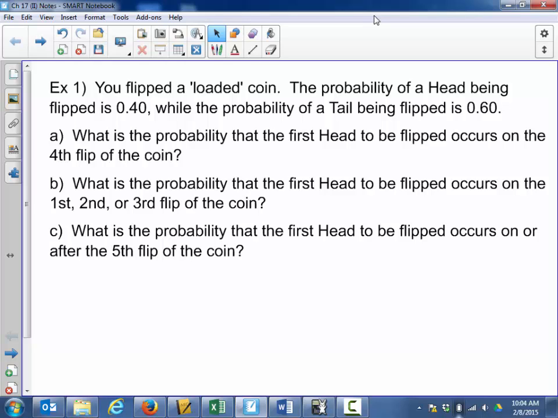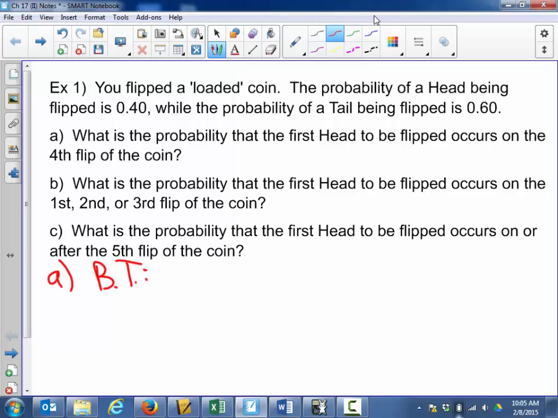Okay, well, let's first of all identify if there's a model that we've seen from Chapter 17 that would work in this case. So let's identify whether or not we have Bernoulli trials. Do we have two outcomes per flip of the coin? Sure, heads or tails. Do we have independent events?